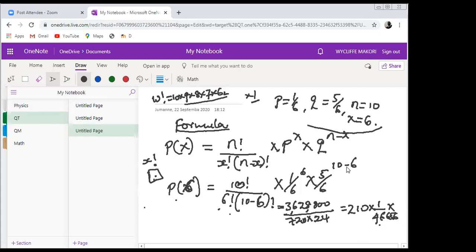5 over 6 power 4. Remember 10 minus 6 is the same as 4. So you do 5 over 6, all to the power 4. 5 over 6 power 4.